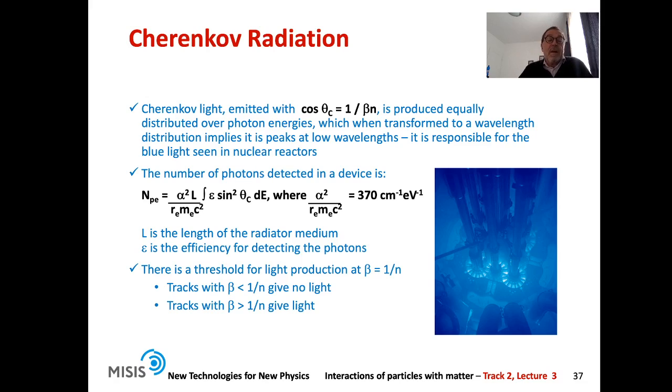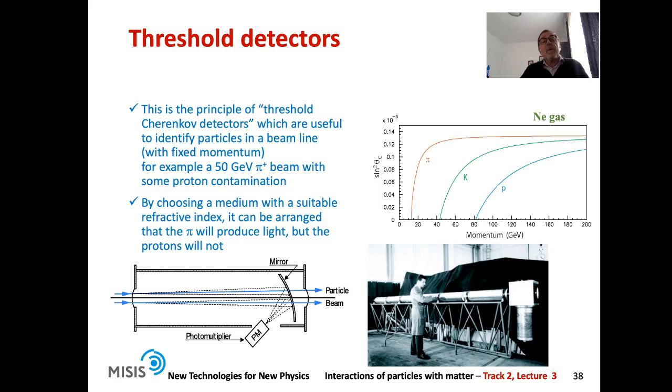Tracks with beta less than 1 over n give no light, and tracks with beta larger than 1 over n produce light. This principle is used in the so-called threshold Cherenkov detectors, which are very useful to identify particles in a beamline, for example, with a very fixed momentum.